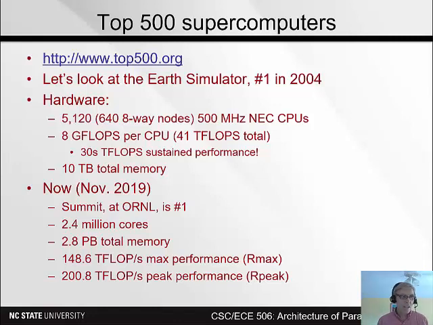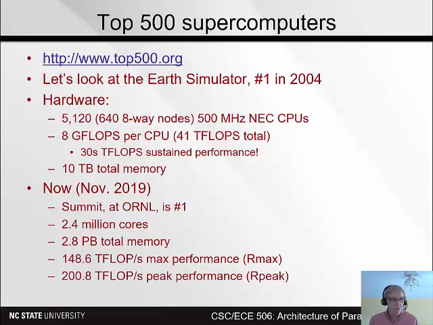Now, as of the last list, Summit at Oak Ridge was number one. It has 2.4 million cores, similar to the kind of processors of which there were only 120 in the largest supercomputer back in 2004. Now we have 2.8 petabytes of total memory, which is a whole lot more than 10 terabytes, right?